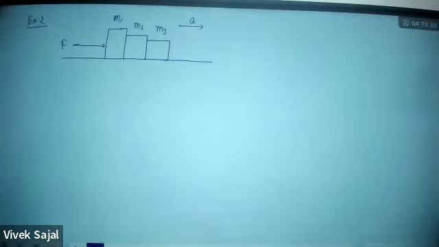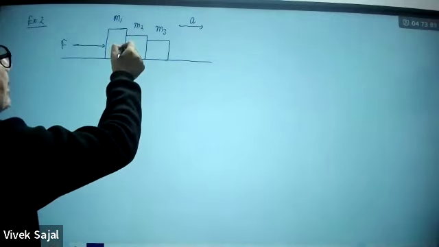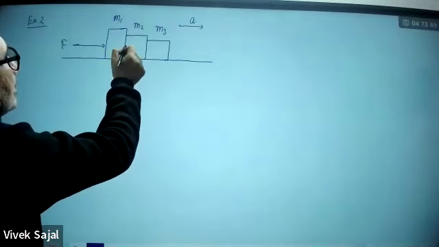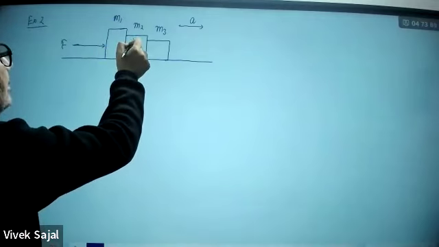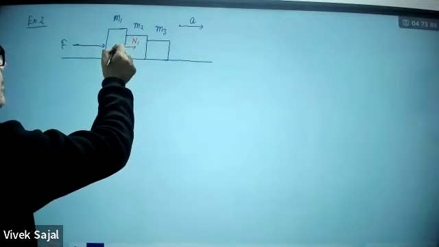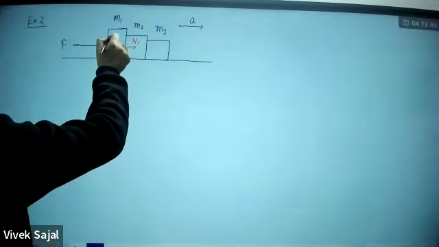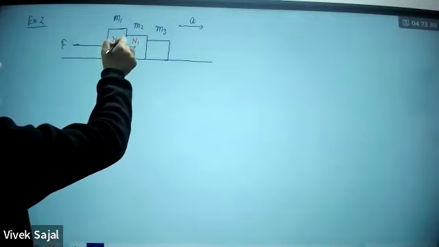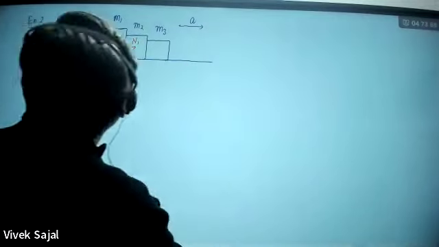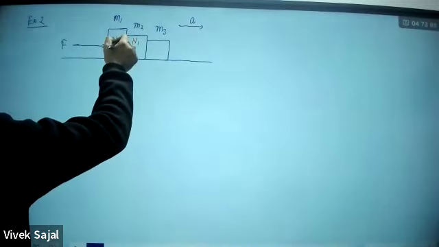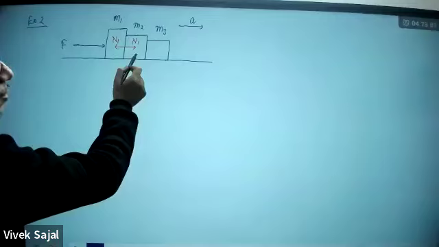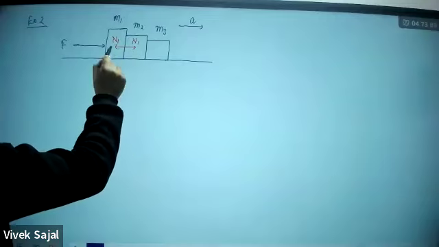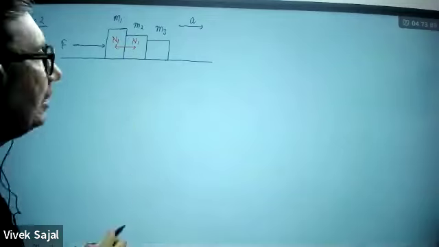So how are you going to solve this? In between the first and second block, the first block is exerting a normal reaction on the second, that will be N1. And on the first, this will also be N1. So one is applying a normal reaction on the second, and the second is applying the same but opposite reaction on it.